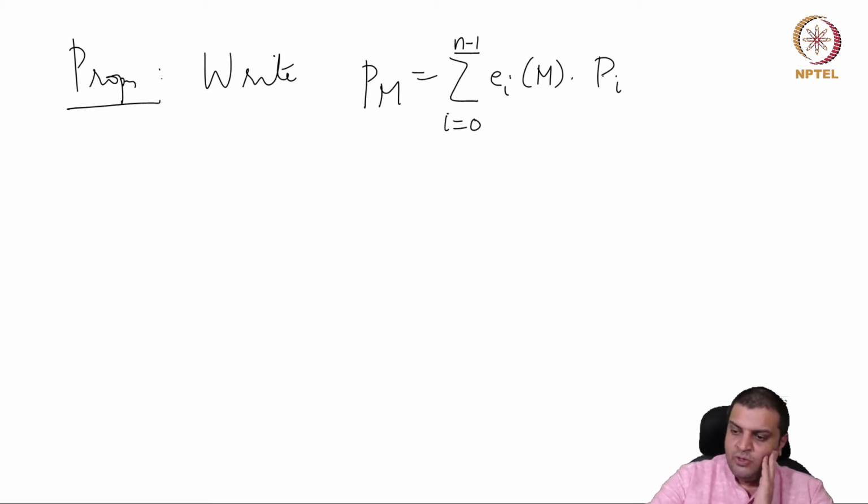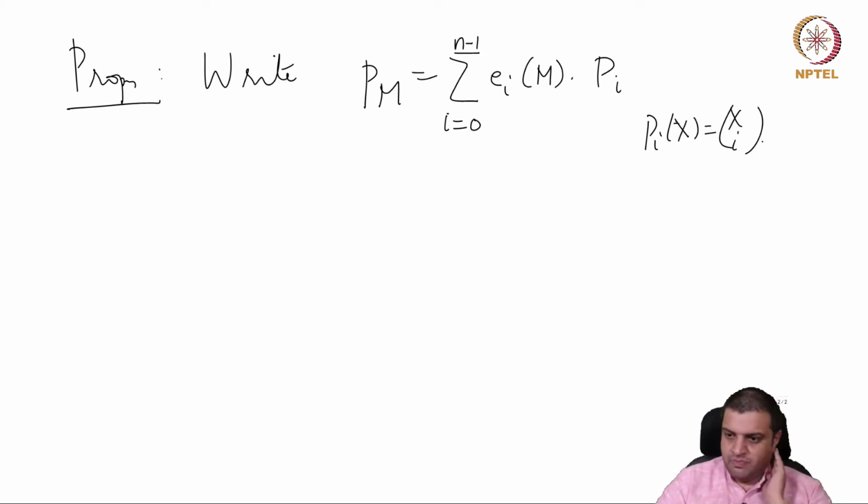This was the binomial-looking polynomial, where pi of x was x choose i. So it's like a binomial function. So write P as this.